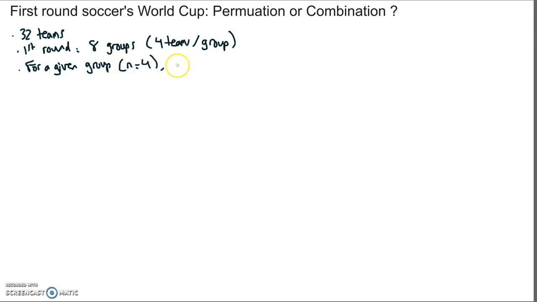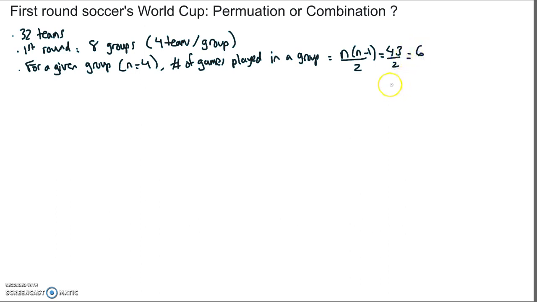And in a previous video, we showed that the number of games played in a group equals n times n minus 1 divided by 2, and that equals 4 times 3 divided by 2, that equals 6.